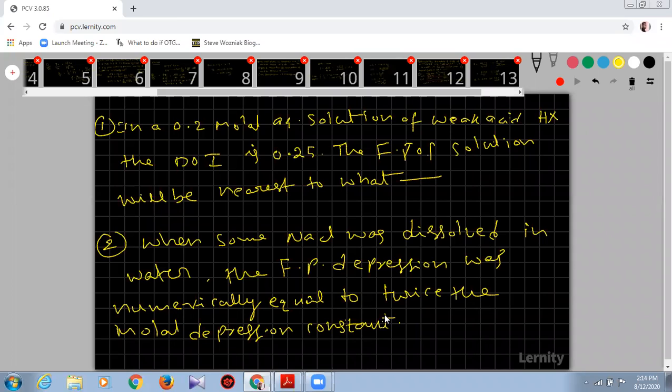What is the relative lowering of vapor pressure of the solution? Okay, I repeat now. When some NaCl was dissolved in water, the freezing point depression was numerically equal to twice the molar depression constant. Then what is the relative lowering of vapor pressure of solution?